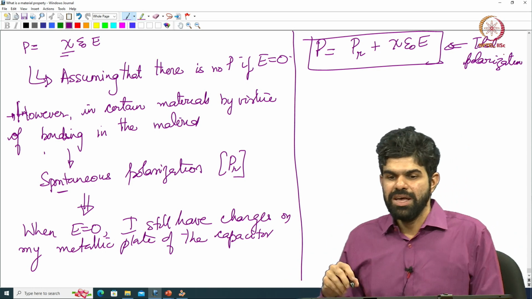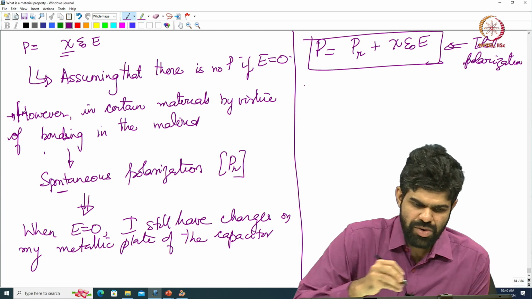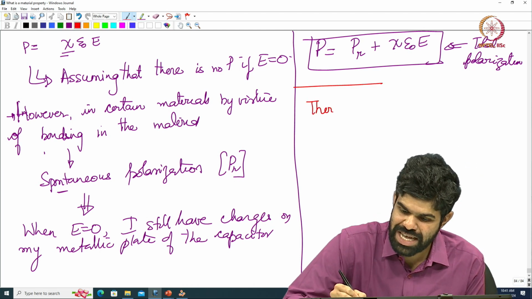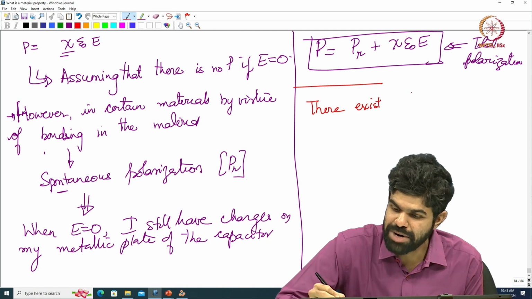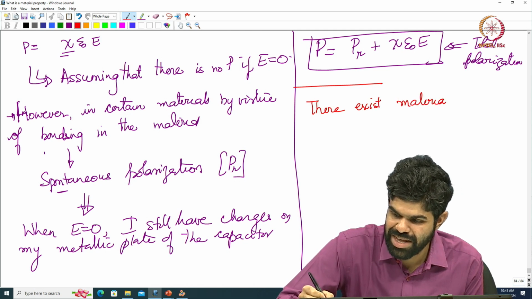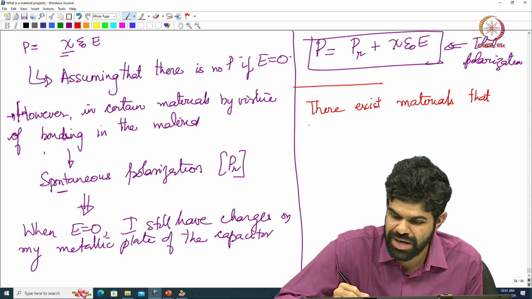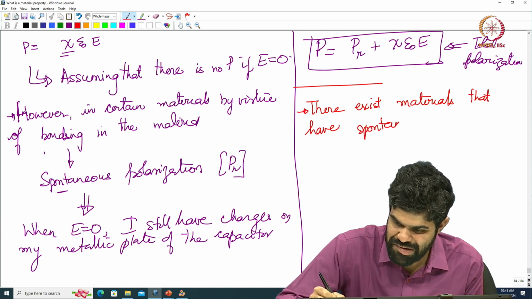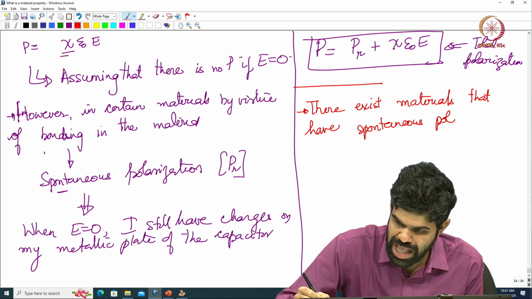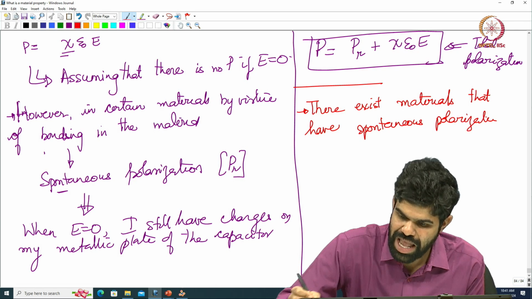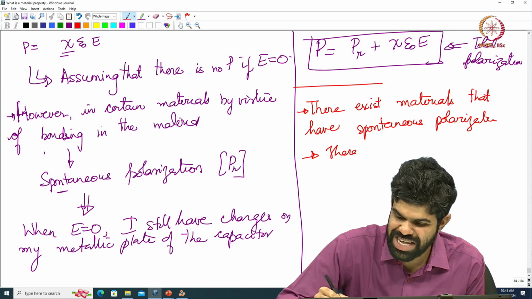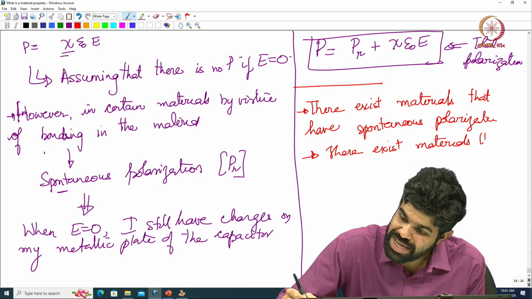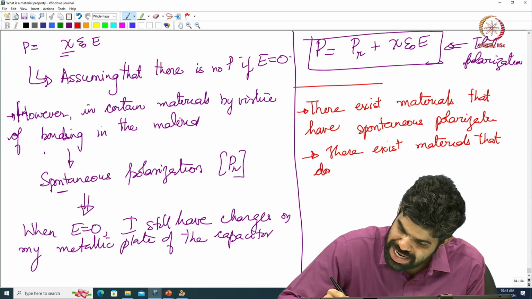The conclusion of this discussion is that there exist materials that have spontaneous polarization and there exist materials that do not have spontaneous polarization.